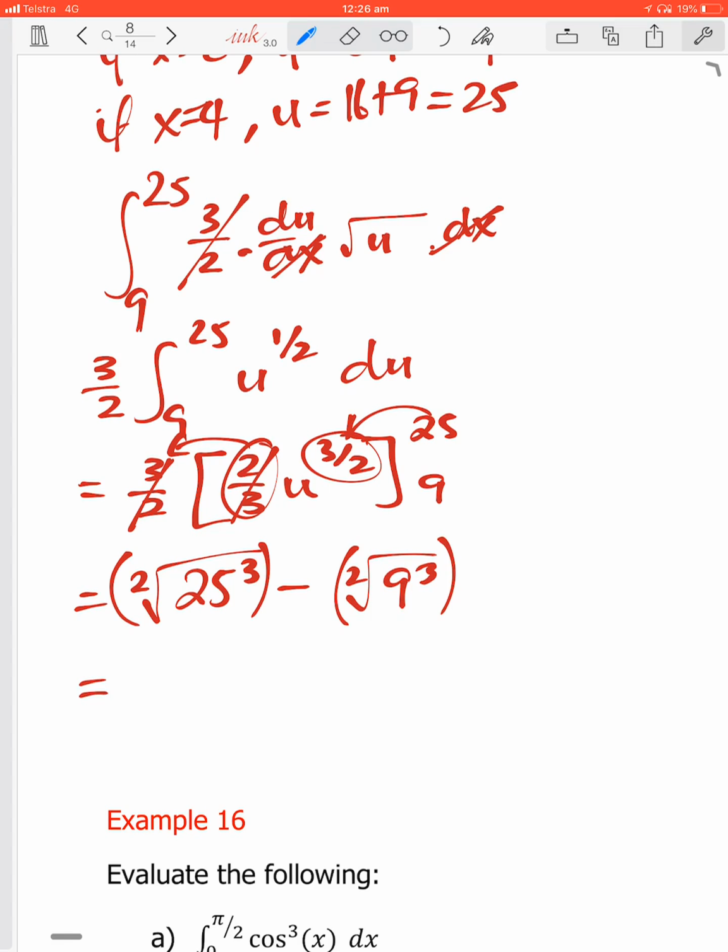The square root of 25 is 5, 5 cubed is 125, minus, the square root of 9 is 3, 3 cubed is 27, so that gives us 98 square units.